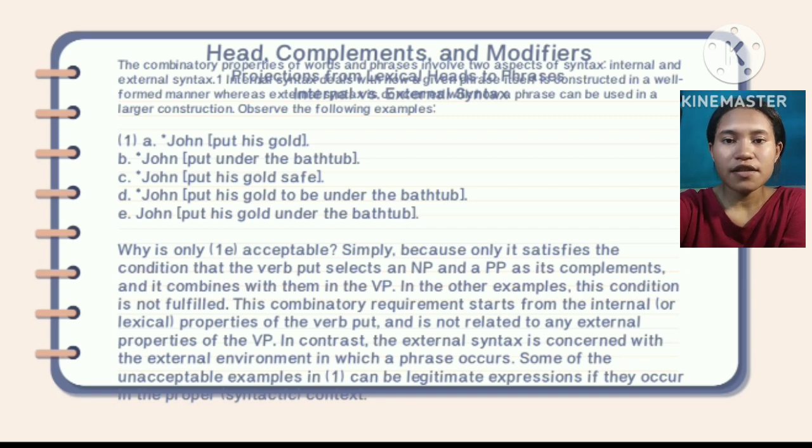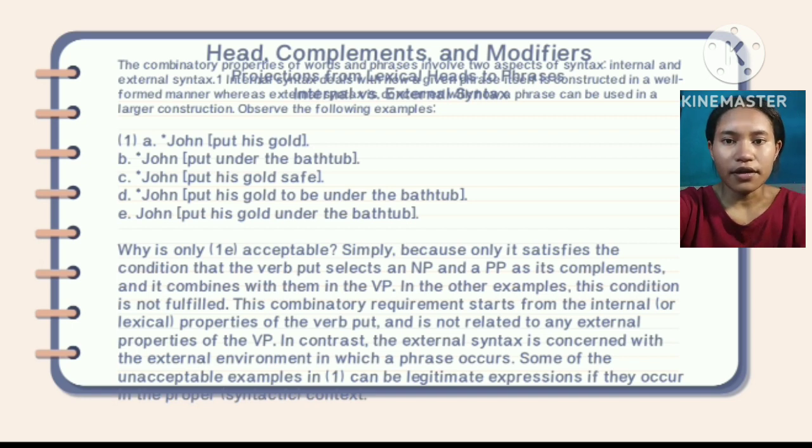The first, internal syntax, deals with how a given phrase itself is constructed in a word-formation manner, whereas external syntax is concerned with how a phrase can be used in a larger construction.